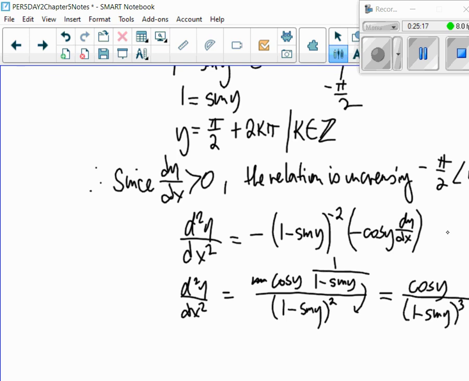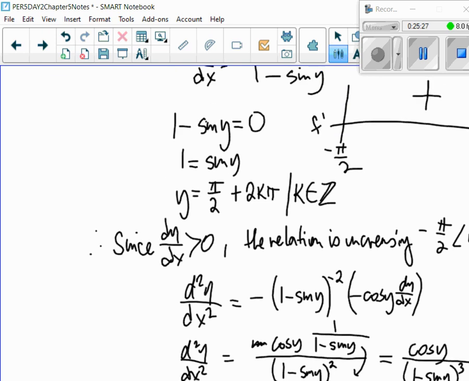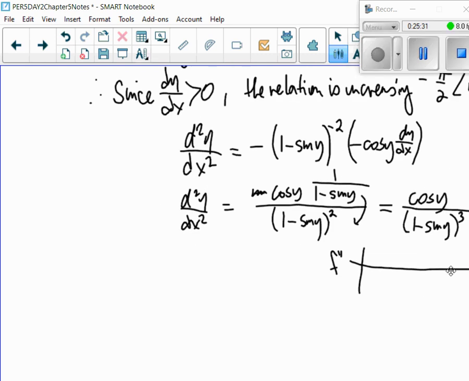Yes? Okay, so now we've got to test between, sorry, I didn't label this f prime. We should label f double prime, just so we can tell the difference. So this is negative pi over 2, and this is pi over 2. Let's pick a number between those. 0.